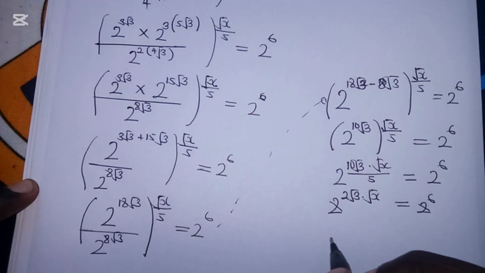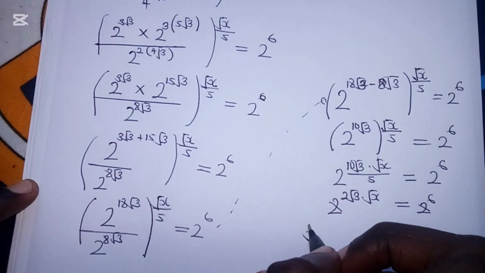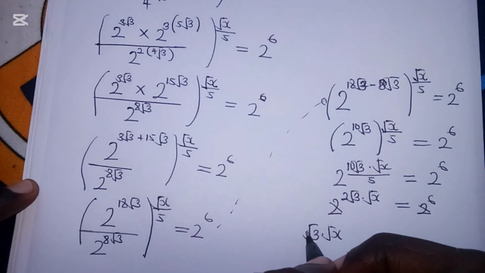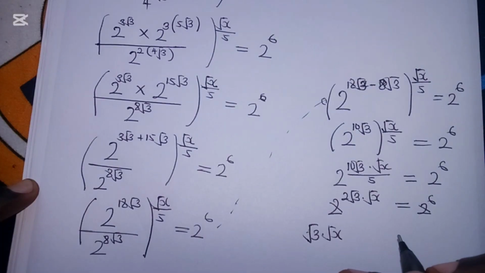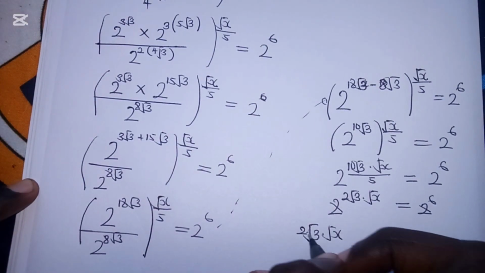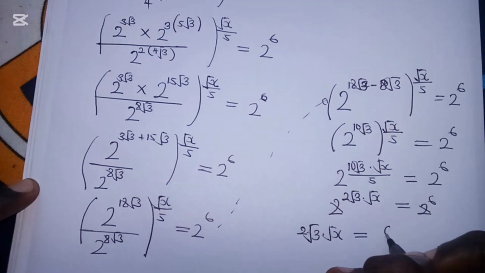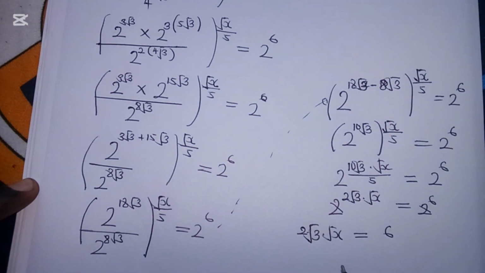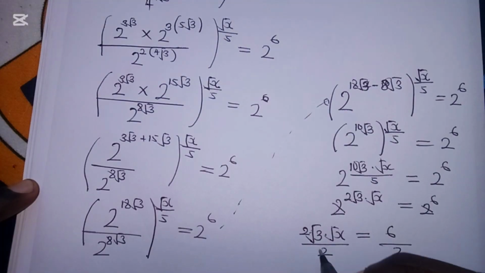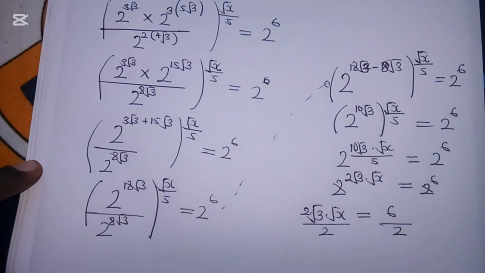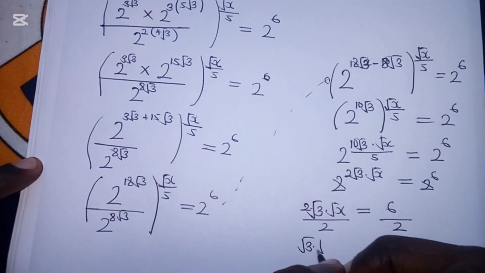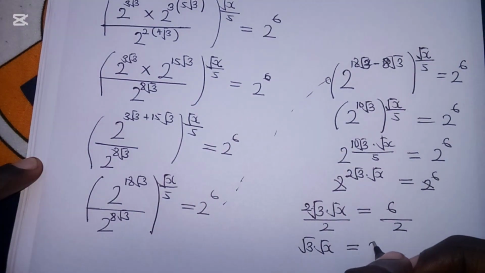Then what remains is 2 root 3 multiplied by root x equals 6. Okay, now we divide both sides by 2. So this cancels. Then what will remain is root 3 root x equals 3.